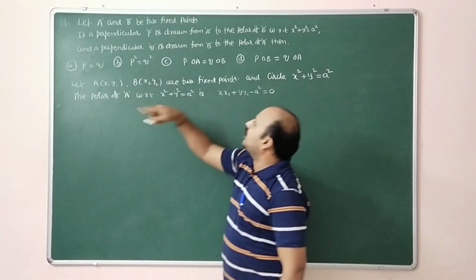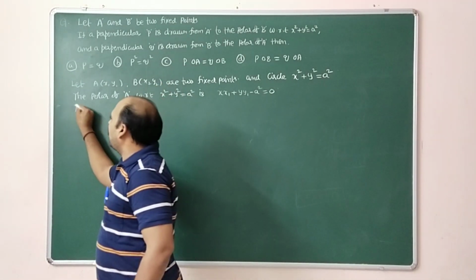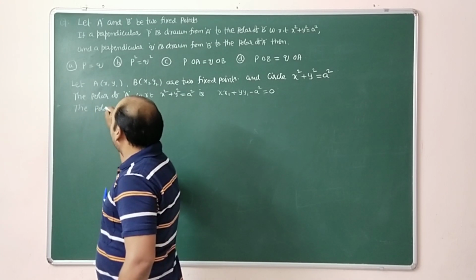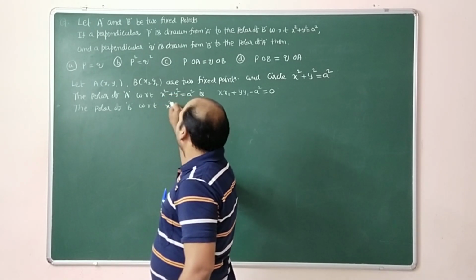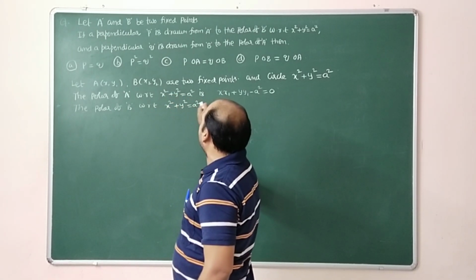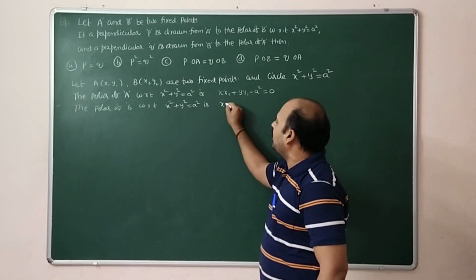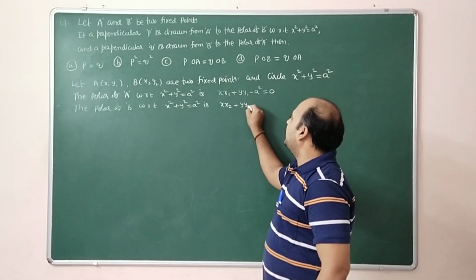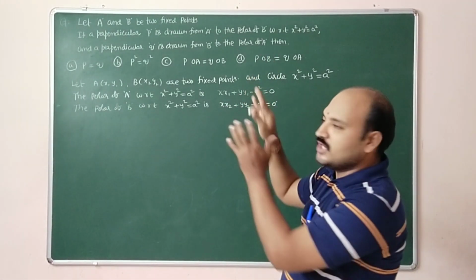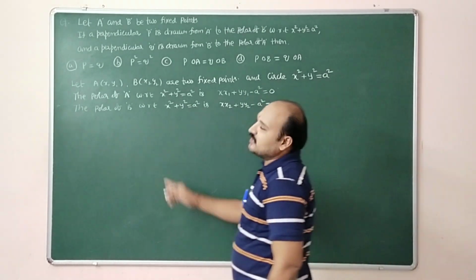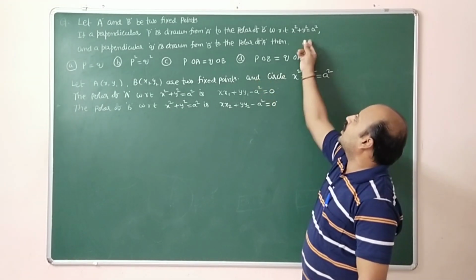Similarly, for the polar of point B, wherever x1, y1 is there, we replace with x2, y2: xx2 plus yy2 minus a square equal to 0. So according to the question information we wrote it. Now come to the first point: the perpendicular P is drawn from A to the polar of this point.